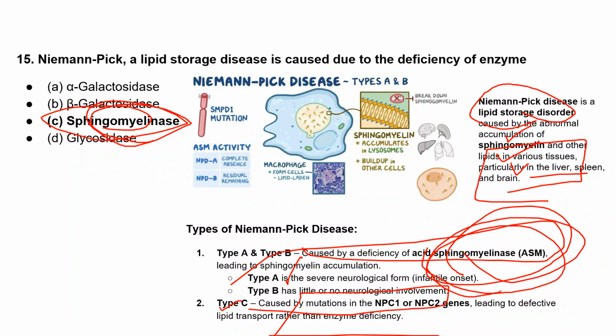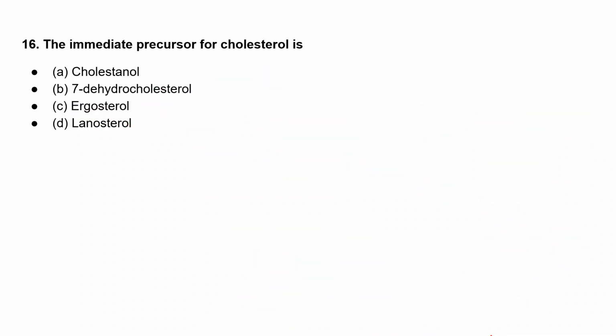But type C is because of mutation in these two genes, NPC1 and NPC2. Because of the mutation in these genes, it leads to a defect in lipid transport. So that's why it's a kind of lipid storage disease.